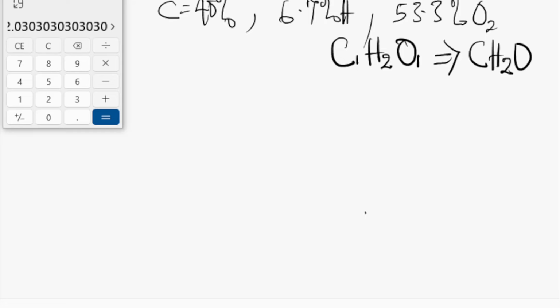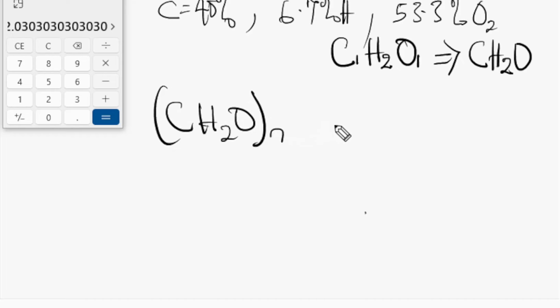So since we already have the empirical formula, in order to get the molecular formula, we need to recall that if we're given the molar mass of the compound to be 180, we're simply going to say the molar mass of this CH2O with sub n is equal to the molar mass given to us in this equation.